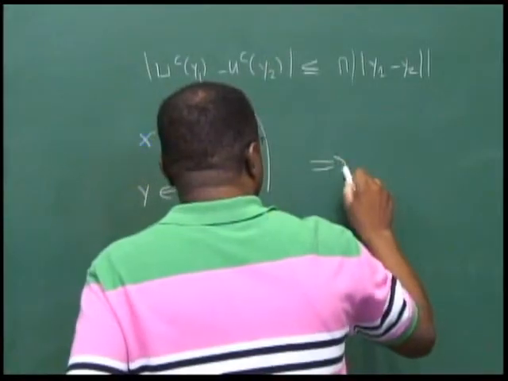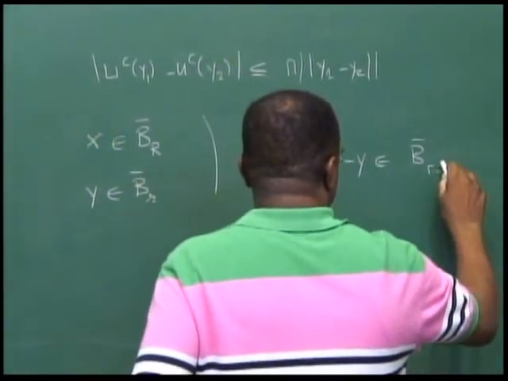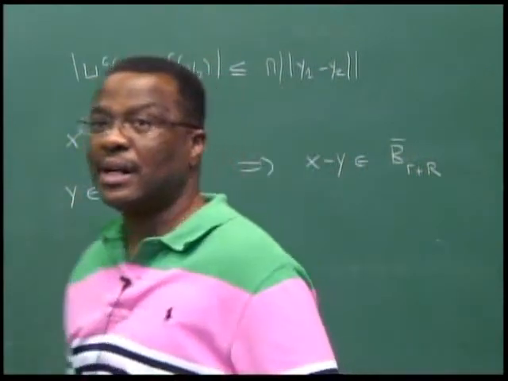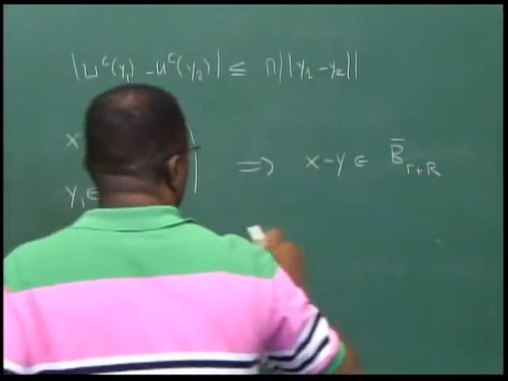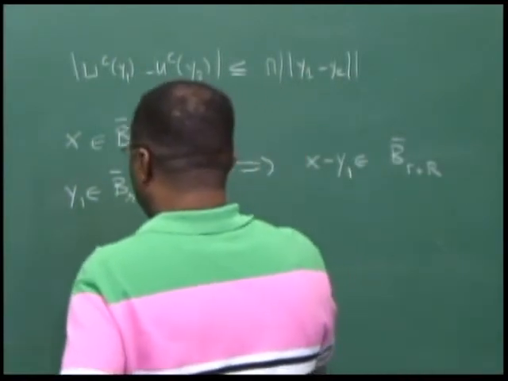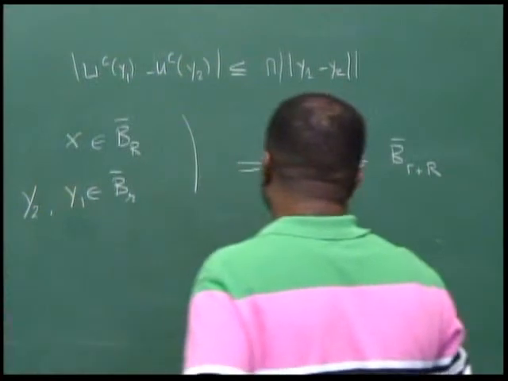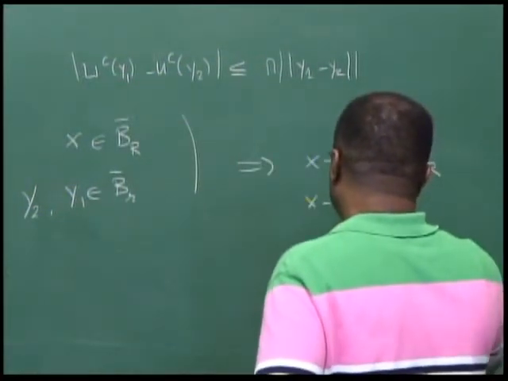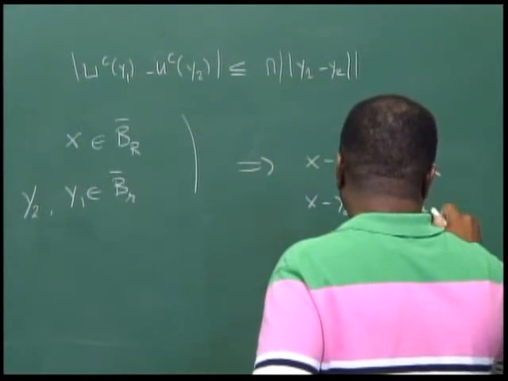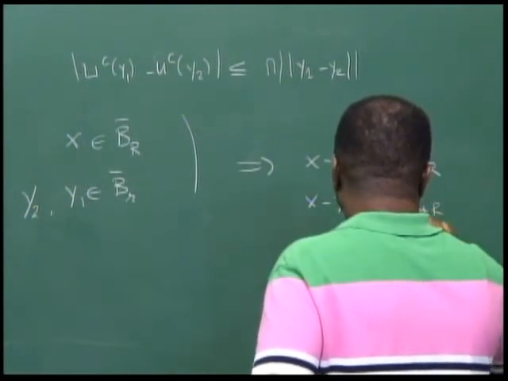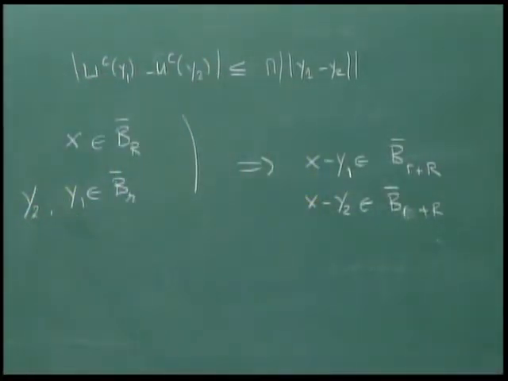This implies that x minus y is in the ball of radius little r plus capital R. And I mean y1 and y2 are also in the ball of radius little r. This implies that x minus y2 is in the closed ball of radius little r plus capital R.